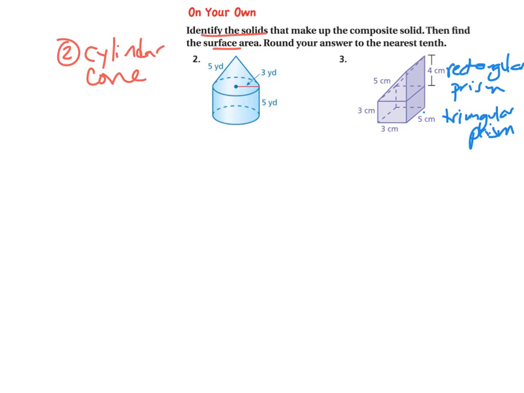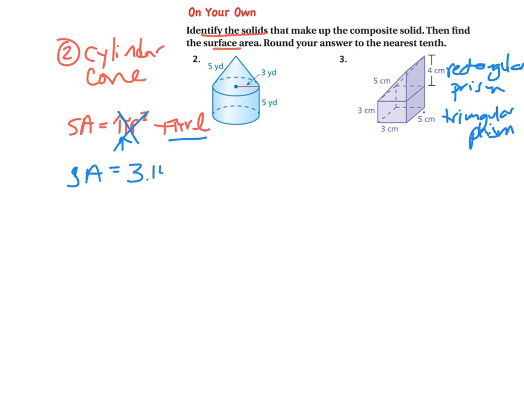So let's start with the cone. The surface area of a cone formula, grab your journals if you don't have it, is pi r squared plus pi rl. Okay, well this portion is the base, so we're not going to use that. So all we need is the pi rl.